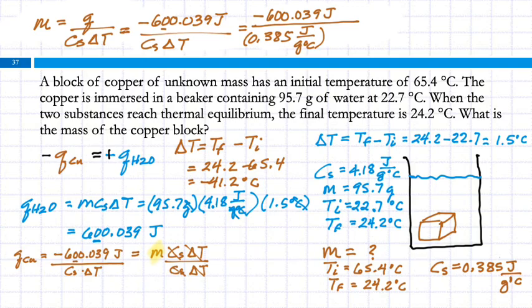So I'm going to plug delta T in up here. I've got negative 41.2 degrees Celsius. I check my units. Joules cancel, degrees Celsius cancel. I end up with grams.